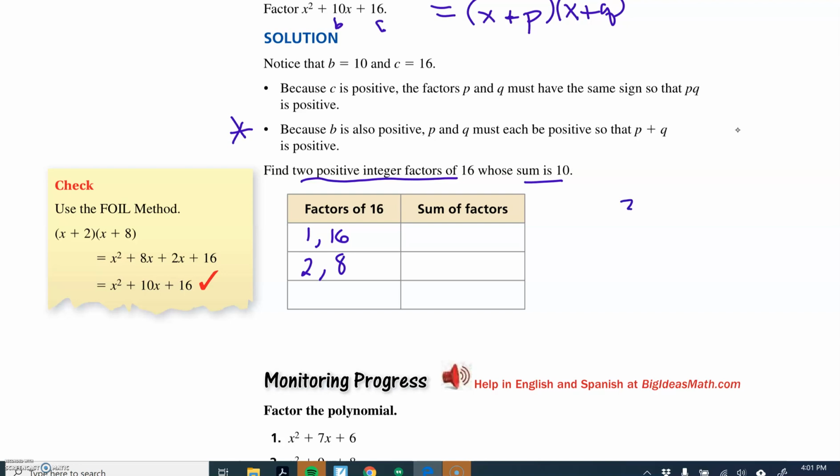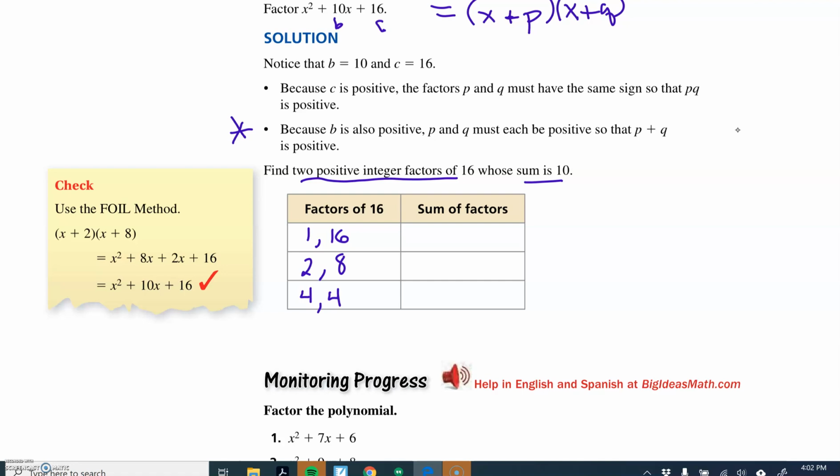Does 3 divide into 16? No. The other possibility is 4 and 4. Now I've gotten to the square root of 16, which is 4, so I'm not going to go 8 and 2 because that's the same as 2 and 8. The order doesn't really matter here.